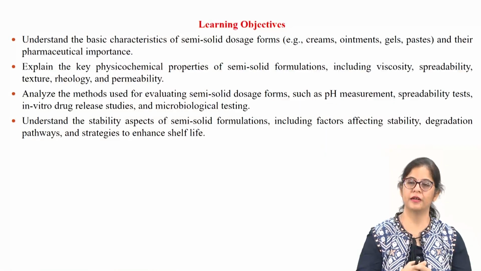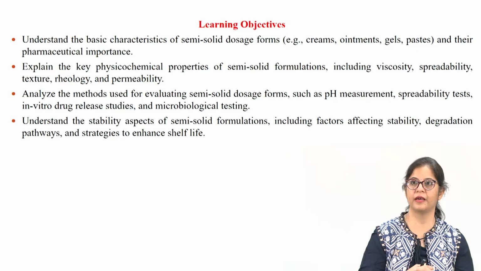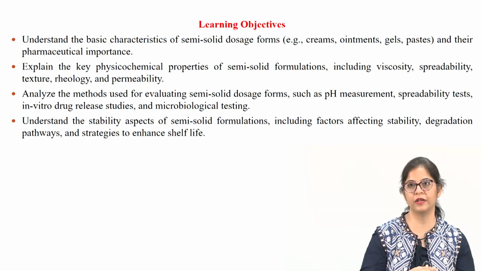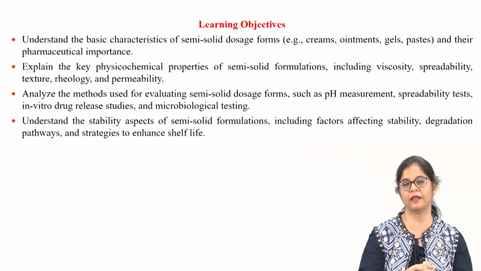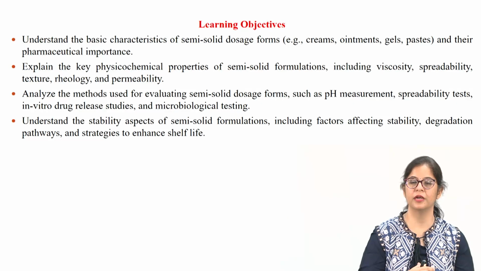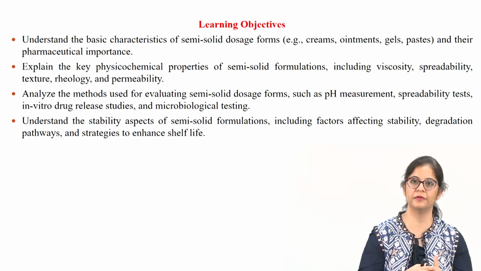Today we will be continuing with the further understanding of the semi-solid dosage forms in terms of their stability as well as their manufacturing design. So, in the current lecture we will look into the basic characteristics of the semi-solid dosage forms and their pharmaceutical importance. The key physicochemical properties including viscosity, spreadability, texture, rheology and permeability.